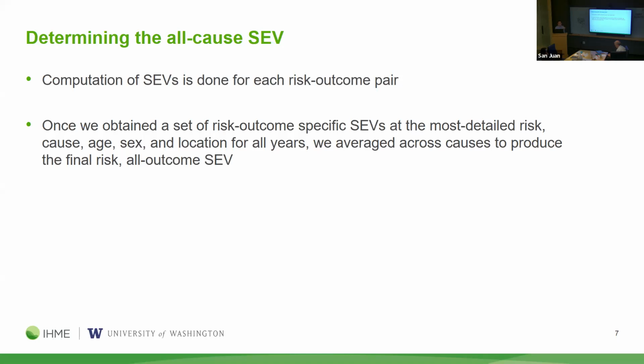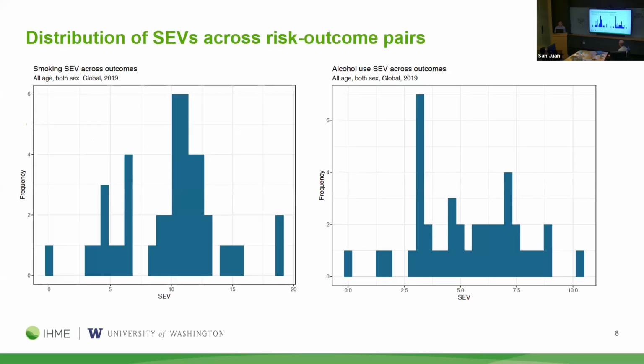For most risk factors, this doesn't make a whole lot of difference, because there's often just a handful of outcomes associated with a given risk. It does have quite an effect for the risks where we have lots of outcomes associated. So this shows the distribution of SEVs at the global level, all age, both sexes.